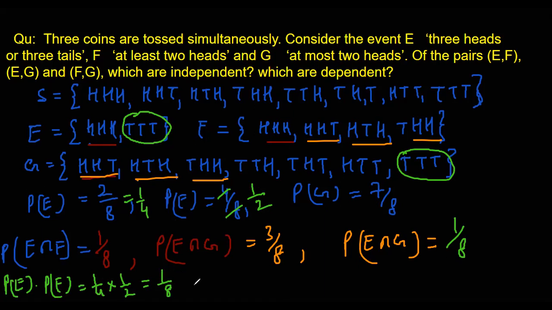So it's same as PE intersection F. This means E and F are independent.